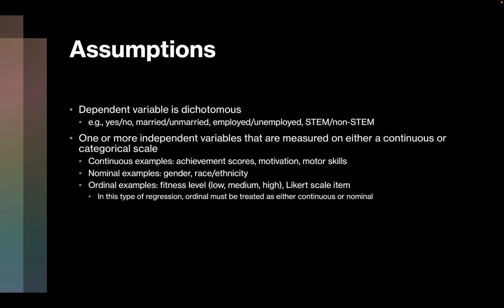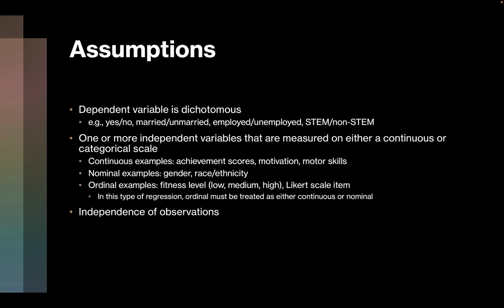Is there a rule of thumb for when we can get away with treating ordinal variables as continuous? Most of the research suggests that once we get to 5 or 6 categories with the ordinal variable, we could probably treat it as continuous. But if we only have 4 or 3, then we're going to have to treat it as nominal.